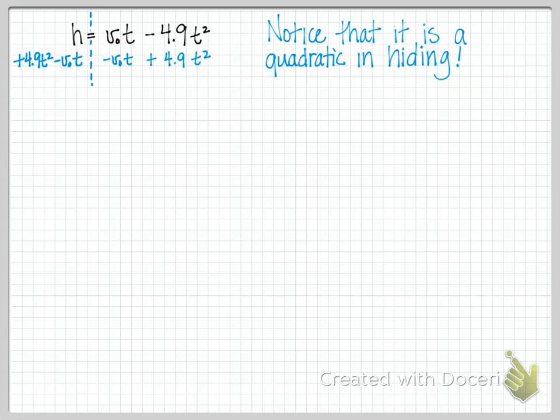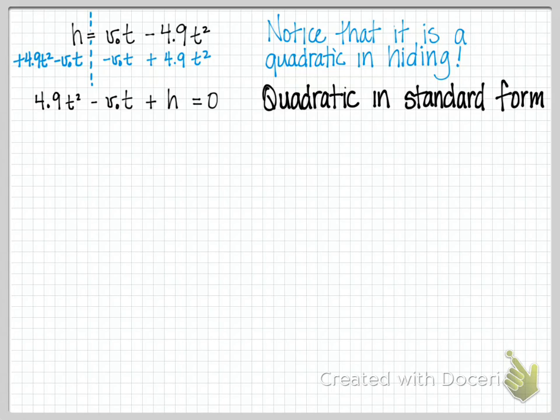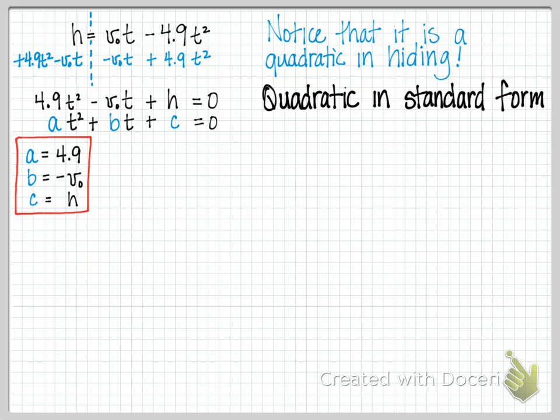If we subtract the v sub 0 t and add the 4.9 t squared to both sides, so that all of our terms end up on the left-hand side, we end up with this equation, which is just a quadratic equation in standard form, a t squared plus bt plus c equals 0, where your a is 4.9, your b is negative v sub 0, that's really important that you have that negative there, and our c is h.